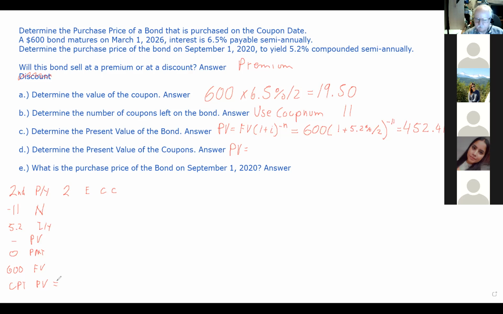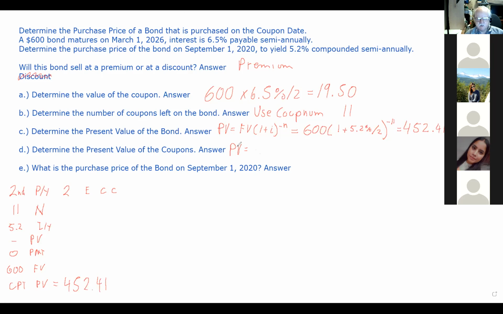So I didn't know whether it would do what it would do with the negative 11. I'd never tried that, but it didn't work. So just 11. So yes, the answer is you could do this calculation on the BA2 Plus: 452.41.